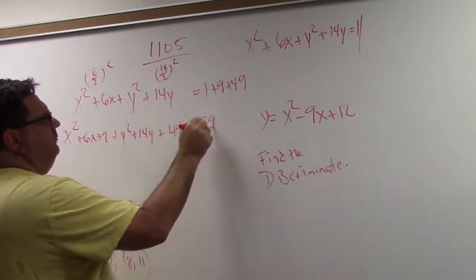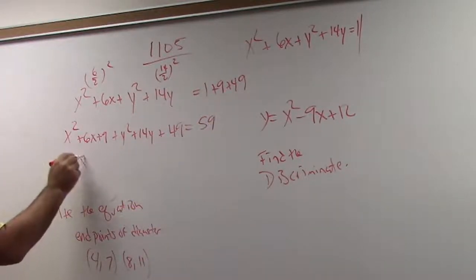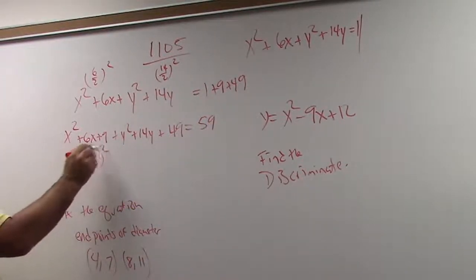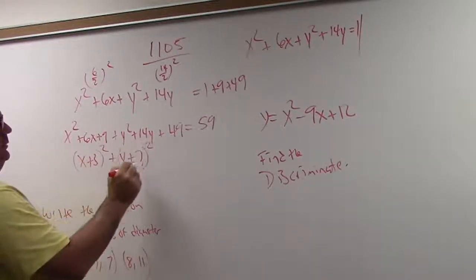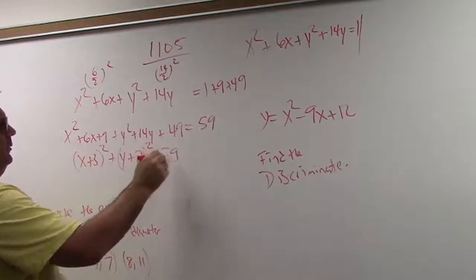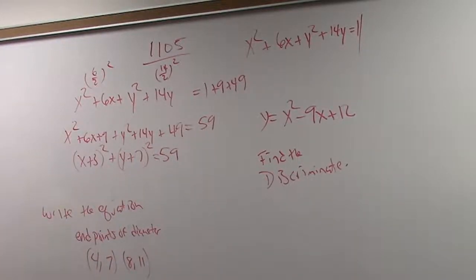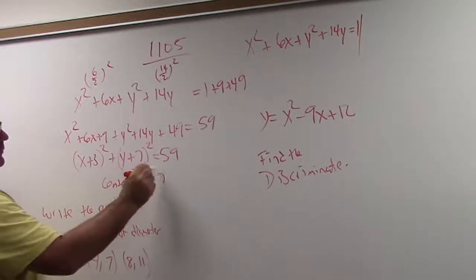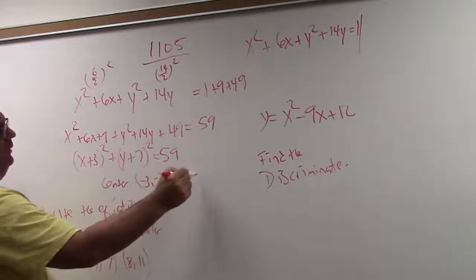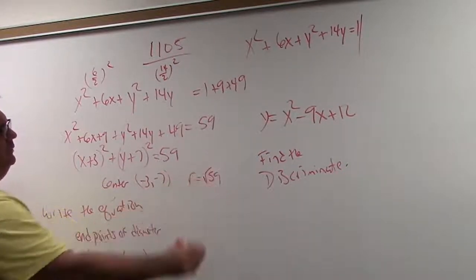Equals 59. (x plus 3) squared, (y plus 7) squared equals 59. Your center is at (-3, -7), and your radius is the square root of 59.